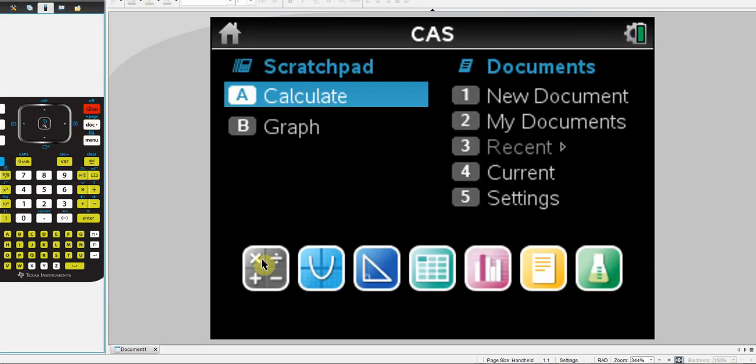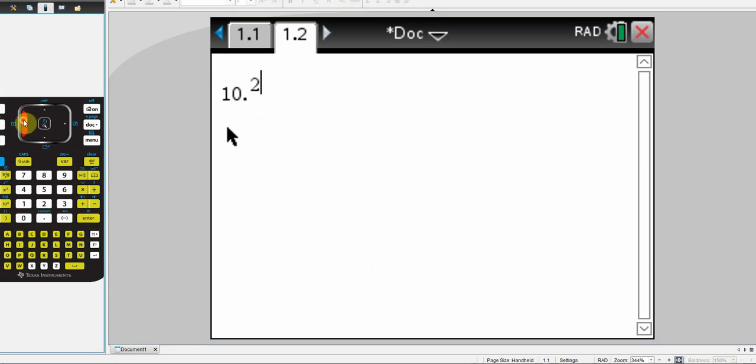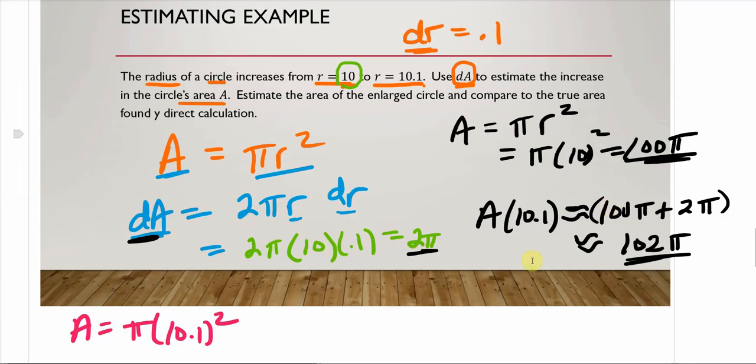I'm going to go 10.1 squared. And when I do that, it's going to give me 102.01.